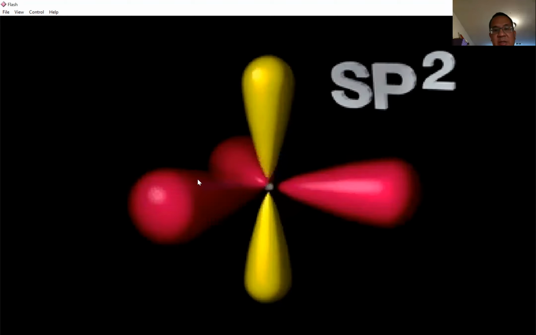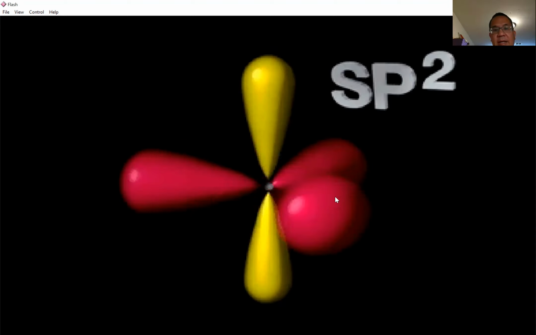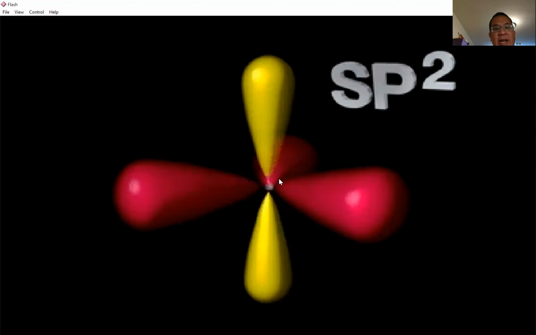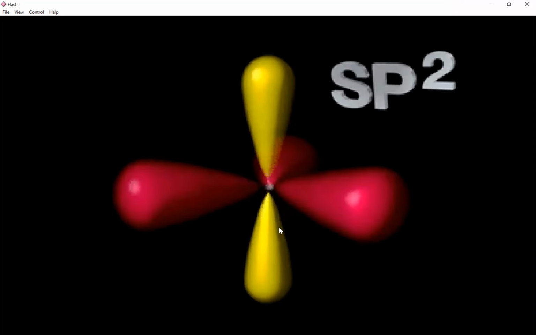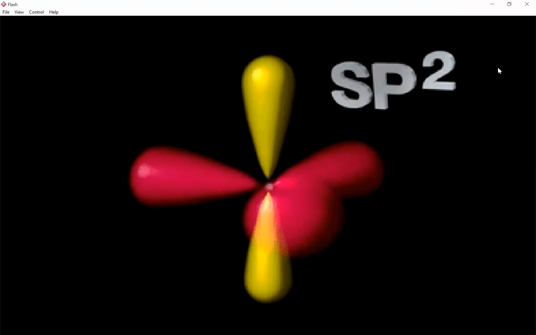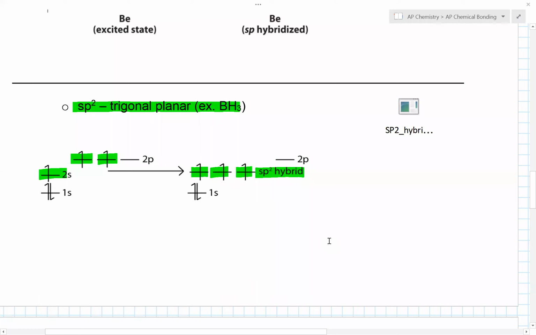Notice sp2, and you have a triangular pattern, a trigonal planar pattern, triangular, and it's in a single plane. So right now you have a corresponding hybridization along with the corresponding shape.